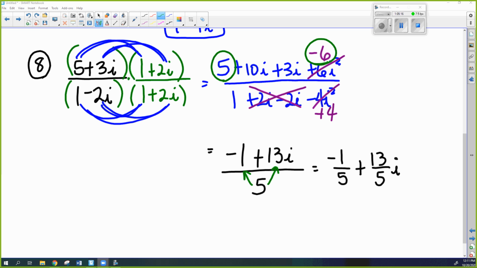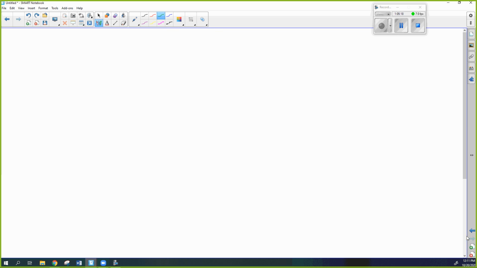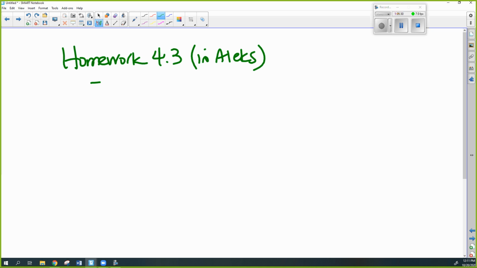All right, so homework 4.3 in ALEKS. Okay, submit photos in Canvas. Right? Photos of your scratch work, right? Okay, so that's the first thing you need to do.